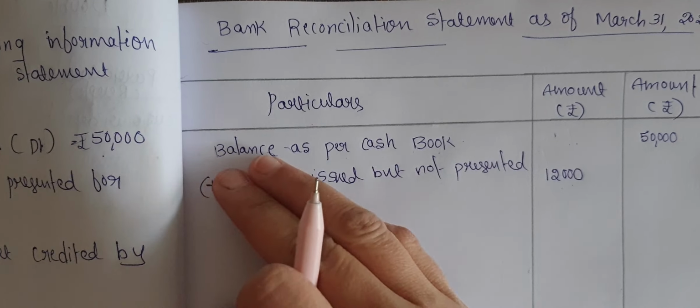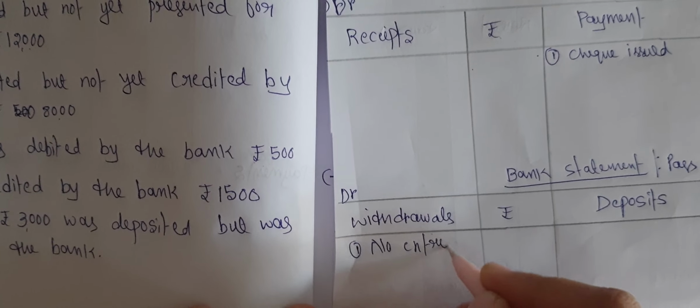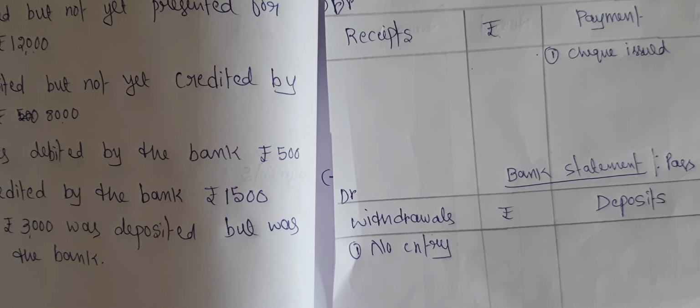No. It means in the credit side of the cash book we write down the check issued, and in the passbook, where withdrawals or payments would be recorded, there is no entry, because the check is not at all presented for payment in the bank. This is the first step. We have to record the transaction in the cash book as well as in the passbook.